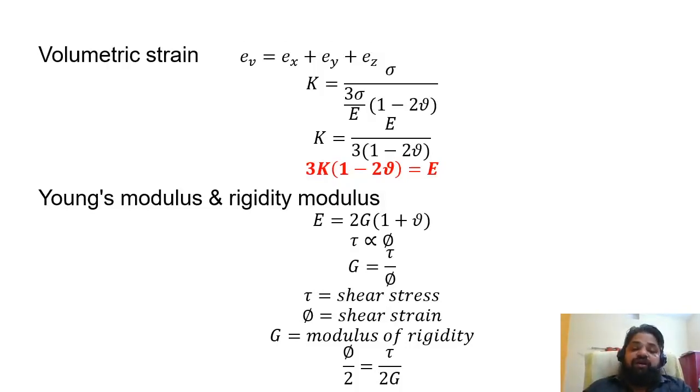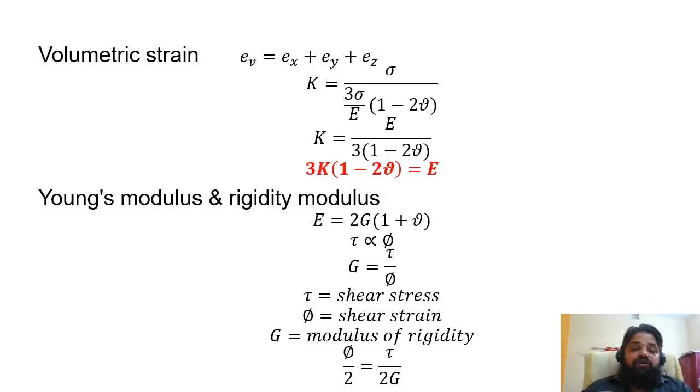And at that time we wrote this phi by 2 or the gamma by 2 is showing the half of the distortion that occurs. Or I can do it in another way. You see the relation which I got, G is equal to tau by phi. Now I am writing phi is equal to tau by G. Now I am dividing by 2 on both sides. So I got phi by 2 is equal to tau by 2G.